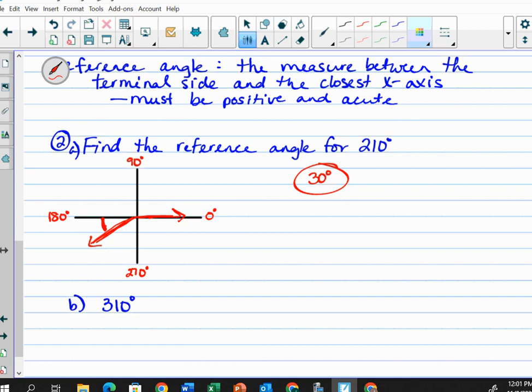So you're figuring out how far from 180 or how far from 360? I won't ask you that because technically it'd be 90 degrees, which is not acute. So, yes, that is correct. We use this when we get into the unit circle.